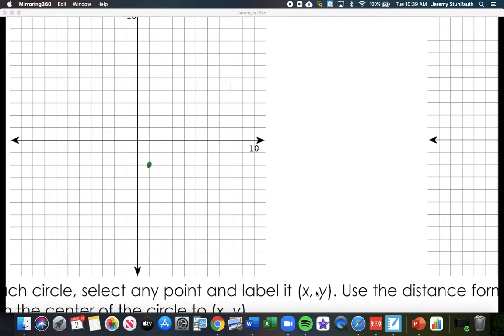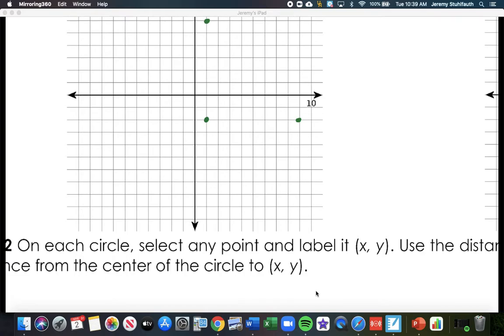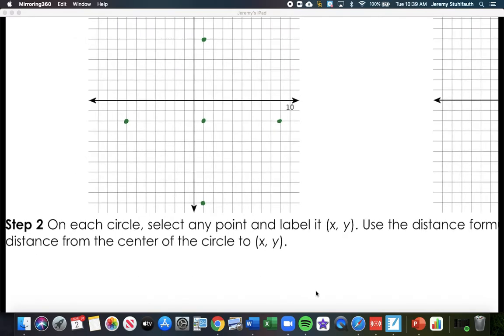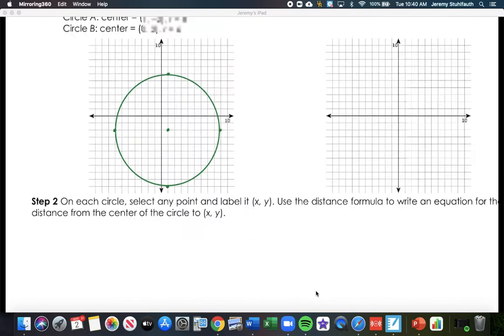So we count 1, 2, 3, 4, 5, 6, 7, 8 from the center to find a point in each direction. Then we'll try to draw the circle to the best of our ability. Not too bad. So there's the first circle.